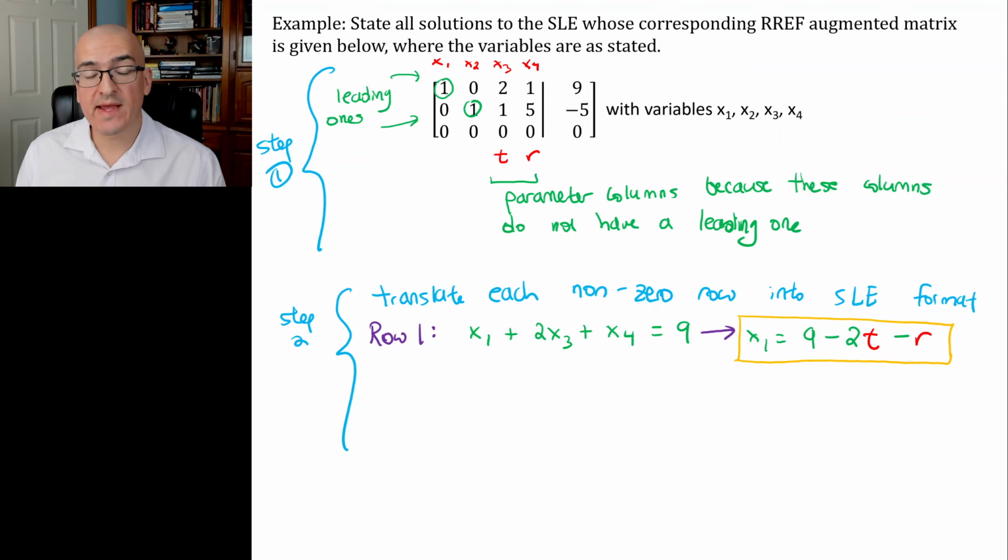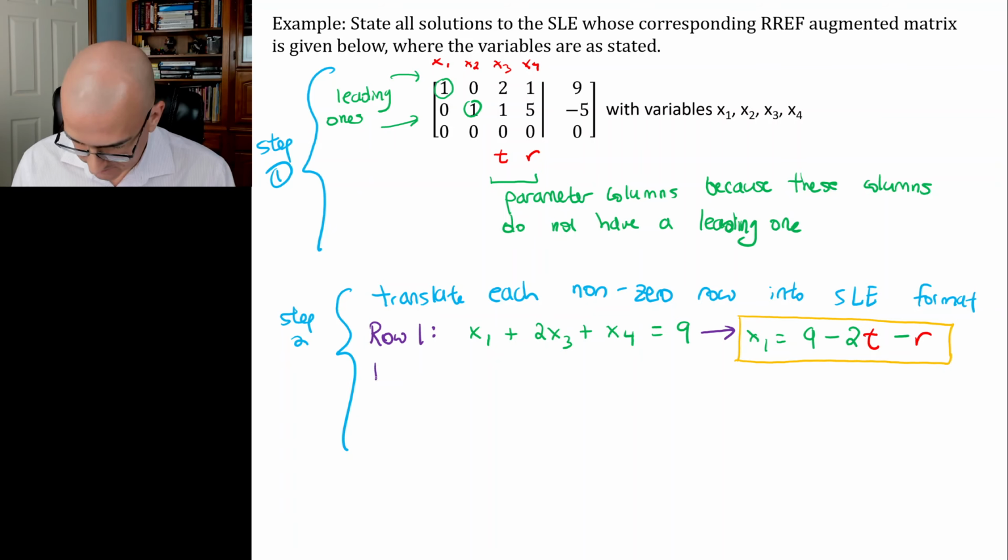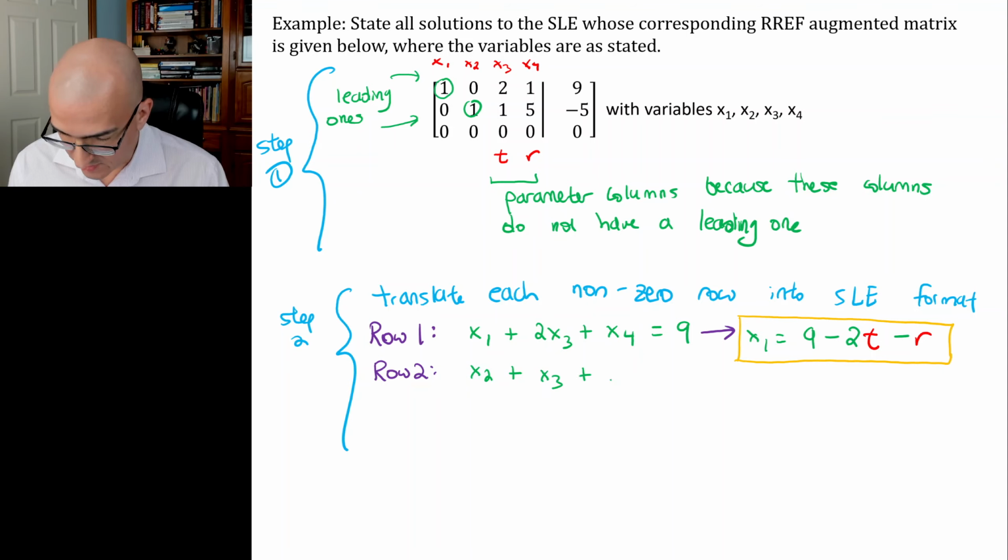So essentially I can pick anything I want for t and r, but then it tells me what x1 is in terms of those choices. For row 2, it says that x2 plus x3 plus 5x4 is equal to minus 5.